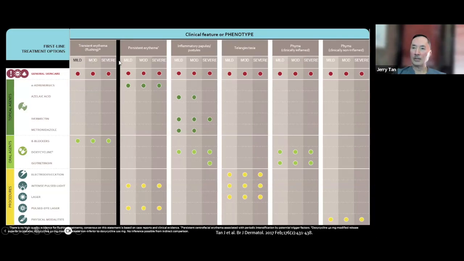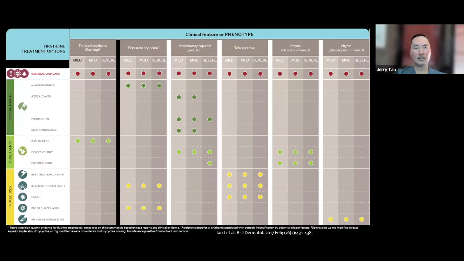And within each of these is categorization of mild, moderate, and severe. And some patients, for example, with very mild conditions may not necessarily want to have treatments undertaken. Underscoring all the treatments is important and relevant, appropriate general skincare.